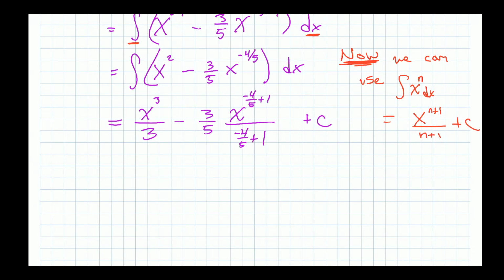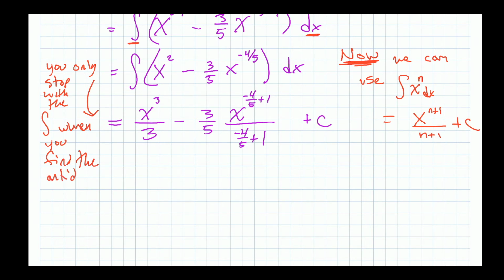Now notice that this is where I stop writing the integral symbol, right? You only stop with the integral symbol when you find the antiderivative, which is what we just did. So just keep that in mind.